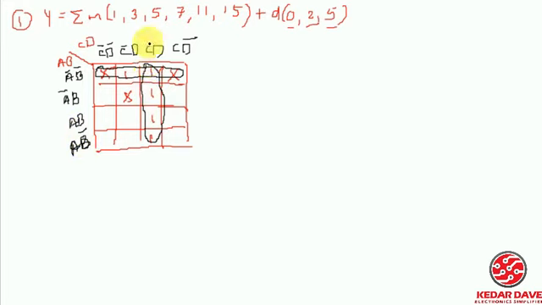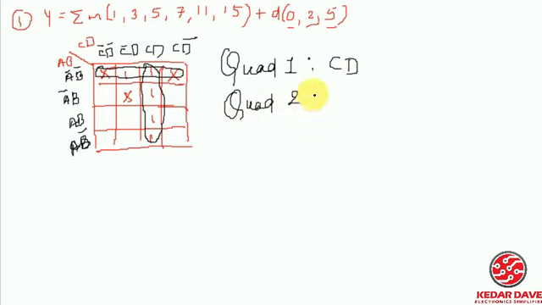Now if you check, for this particular quad the values are changing, and for this particular quad the values are changing. So for the first quad, quad 1, it is representing C and D. For the second quad, quad 2, it will be representing A bar B bar, right?